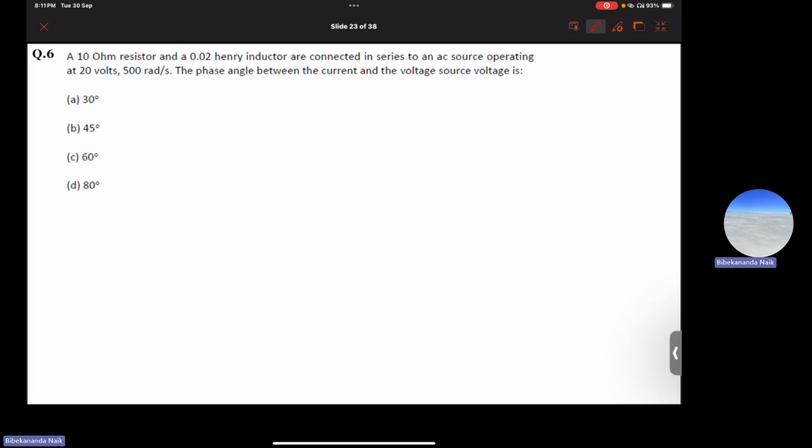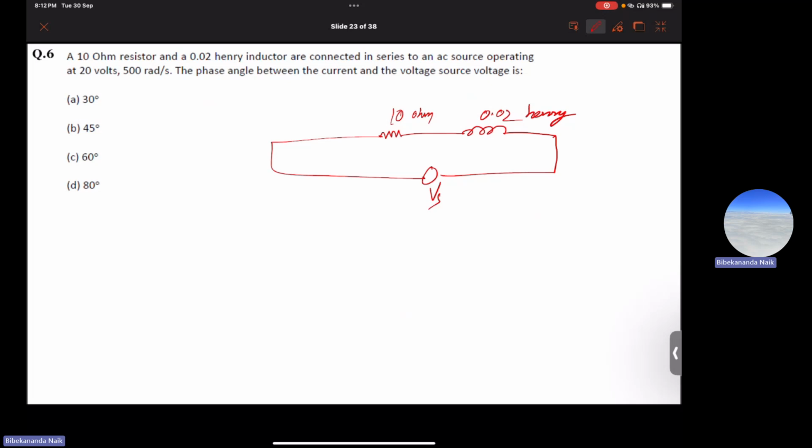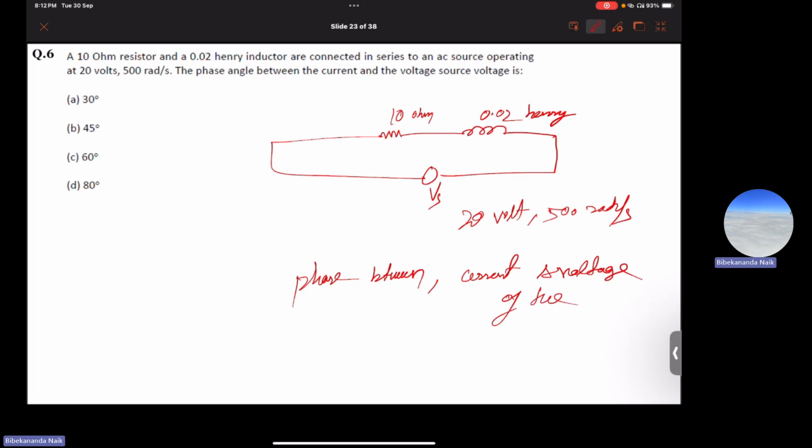So here it is a series RL circuit. This is 10 ohm, this is 0.02 Henry, and the source is operating at 20 volts and 500 radians per second, and we need to find out the phase angle between current and the source voltage.